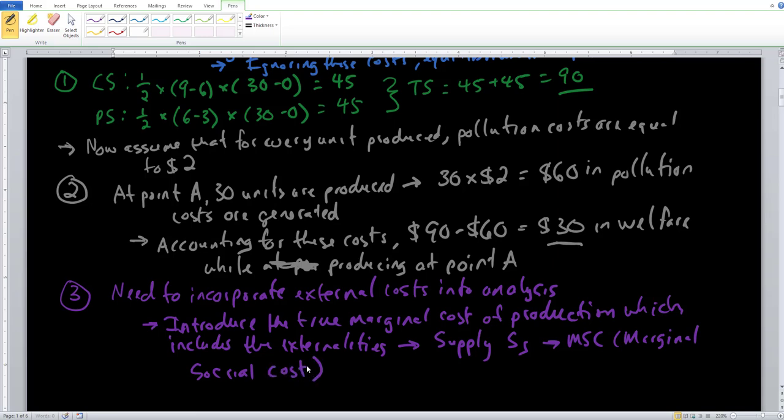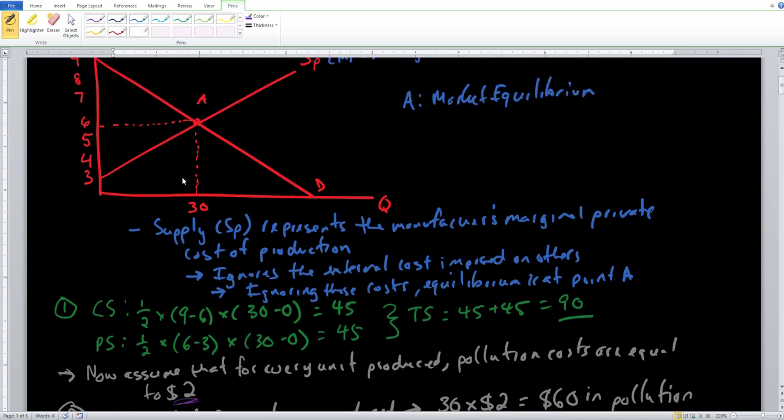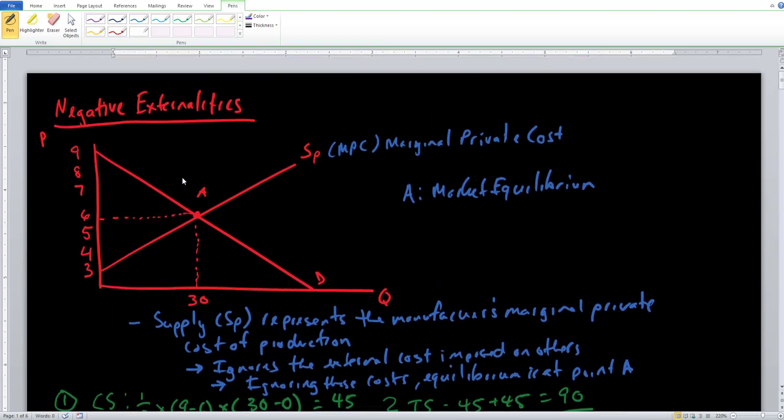And when we insert this new supply curve, we're going to shift our supply curve up by the amount of pollution that is generated. So for every single unit, we notice that we have $2 worth of pollution being generated. So in order for us to see the true marginal social cost, we shift our supply curve up by the amount of pollution. We started off at the axis at $3.